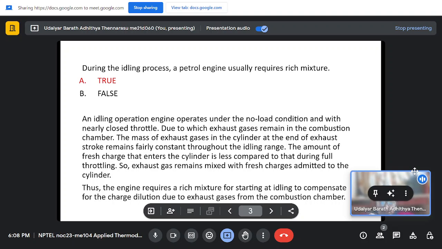In the idling process, the engine operates under no load condition and with a nearly closed throttle. So what happens is, when you take in fuel and combustion happens, a large amount of exhaust gas is retained inside the cylinder compared to when it's in moving condition, because the throttle is nearly closed.